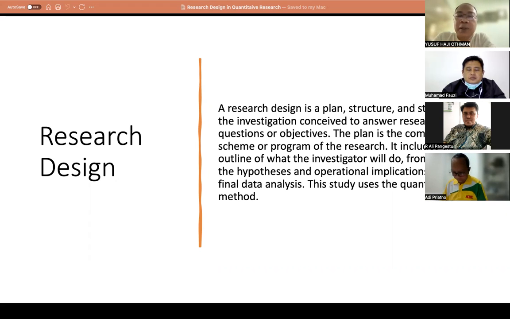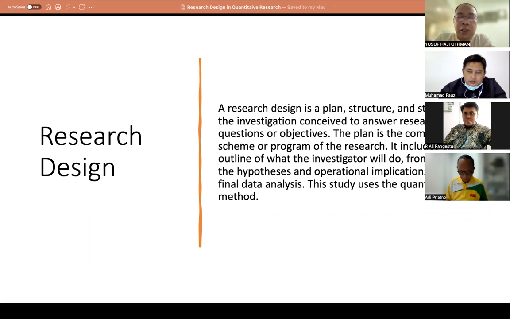For example, attitude, there are many other studies that have defined attitude, and we look at how they define it, and usually we just follow their definitions. If necessary, we might want to redefine for the purpose of our research.